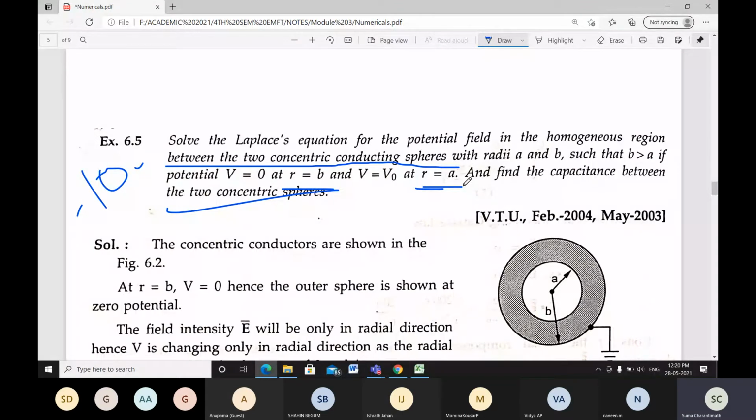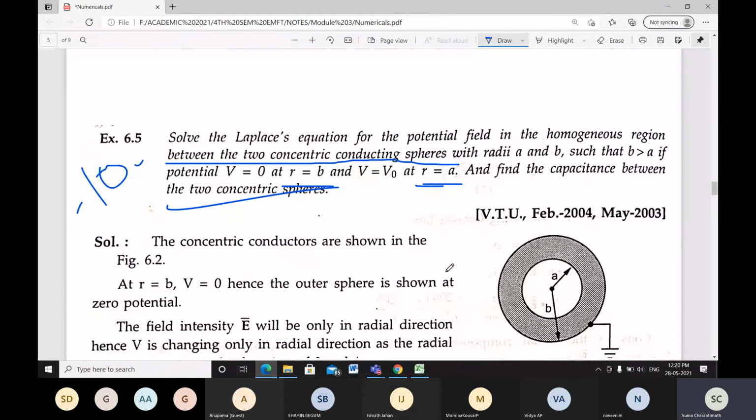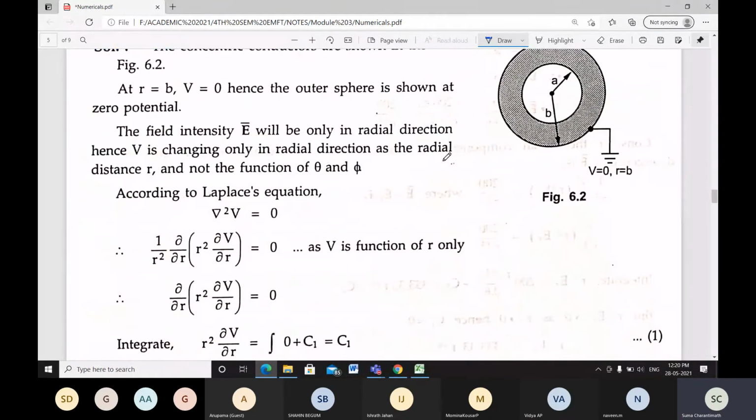For that reason, if you go through the question papers, nowhere is it given that it varies in phi or z. It is given just that r is varying. Therefore, it is a function of radial distance r, not of theta and phi.